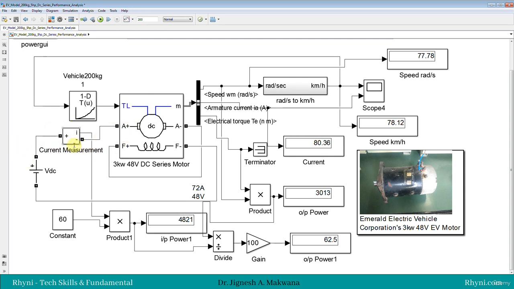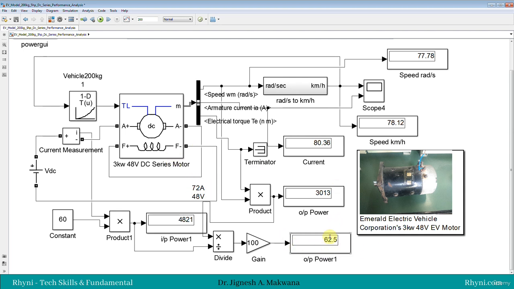Here we have not calculated even the controller efficiency, this is only the motor, because we are supplying power to the motor directly through the battery. So in simulation, if we add the controller with the thermal model, then we can calculate the efficiency of the controller also.